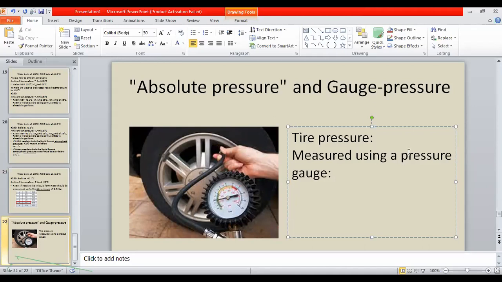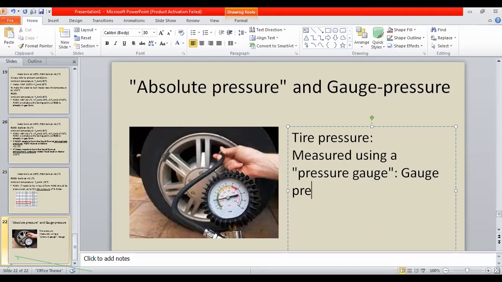Measured, okay, using a pressure gauge. It is normal. We call this gauge pressure.